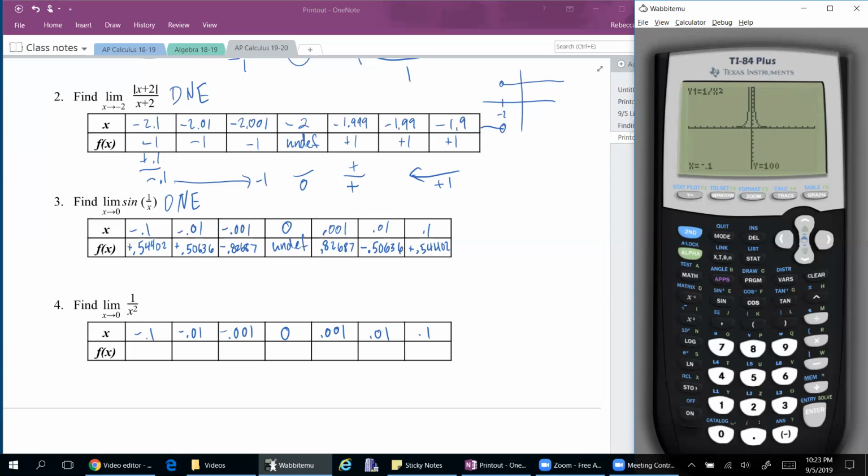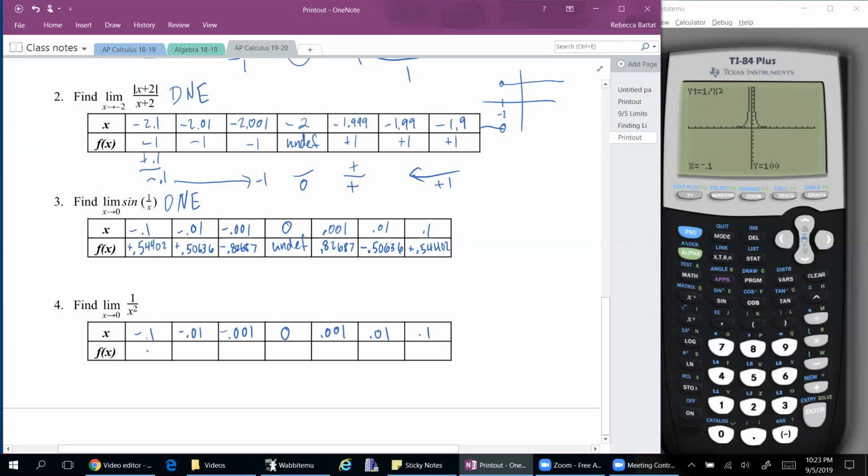we're going to get 100. And trust me on this, or plug it in yourself, 10,000. This one was 1 million. Undefined, 1 million again, 10,000, 100.